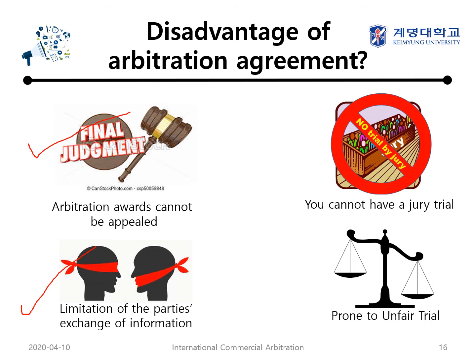Third and fourth, you cannot have a jury trial, and it is prone to unfair trial. Since it is done in an informal setting, it waives the privilege to be evaluated by a legal counselor, and the arbitrator may make his decision without issuing any written or explanatory statement, because the arbitrator is not legally bound.